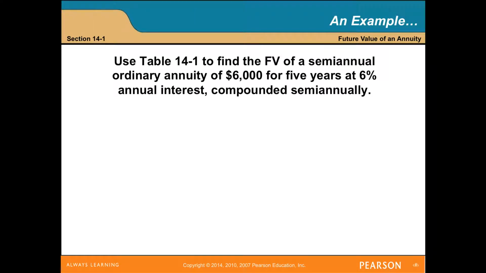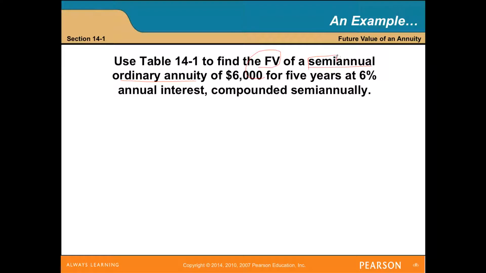So here's an example. Use table 14-1 to find the future value of a semi-annual ordinary annuity of $6,000 for 5 years at 6% annual, compounded semi-annually. A mouthful, I know. But what is this telling us? We know that we're looking for the future value. It's a semi-annual ordinary annuity.